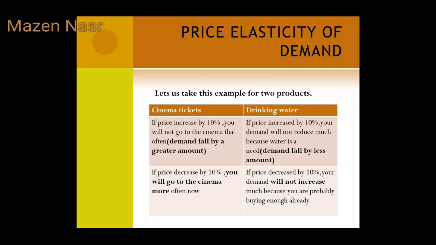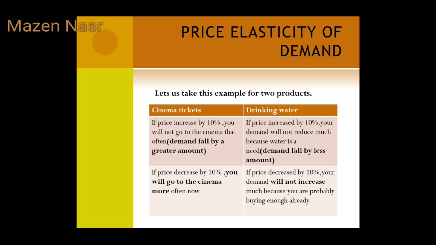When they ask you what is meant by price elasticity of demand, you just say it's how the demand is changing with respect to the price. Price elastic demand is when the percentage change in the demand is higher than the change in the price.